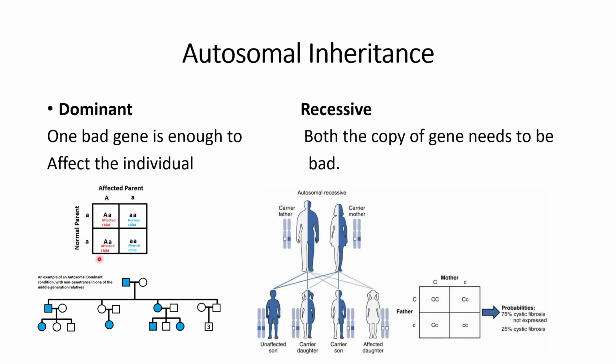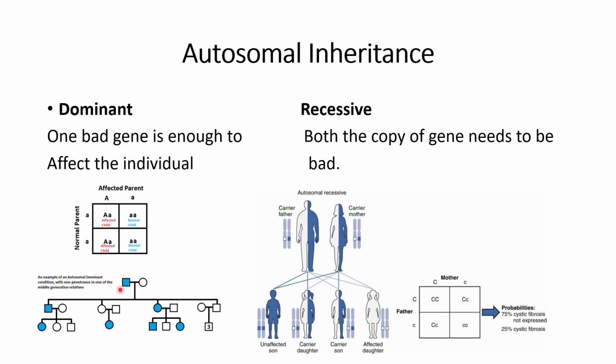There are two possibilities: the offspring of one affected parent will get the same mutated gene, or there is a 50% probability that they will not get the disease. There are also conditions where, even though a parent is affected, they will not show significant clinical symptoms, but their next generation might, as shown in this tree diagram.